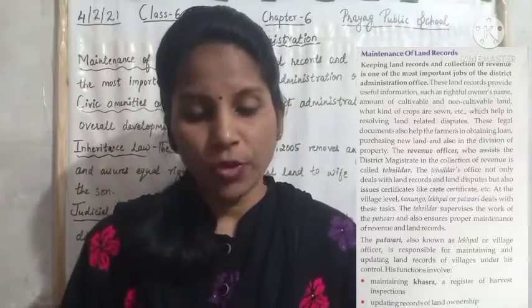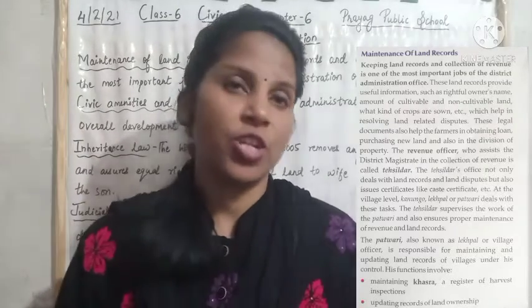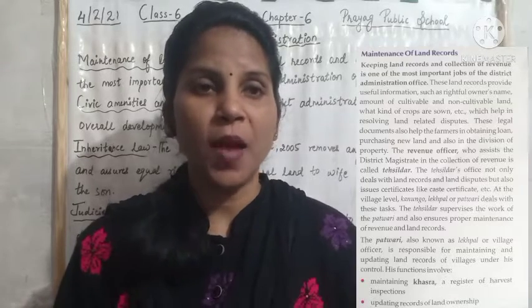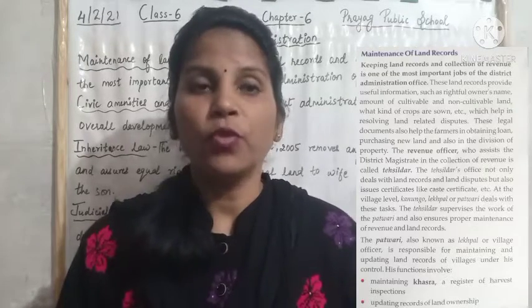Prior to the execution of this law, women did not get a share in the agricultural land, and they were only seen as workers in the field. But after the Hindu Succession Act, which was passed in 2005, women now get a share in the agricultural land.